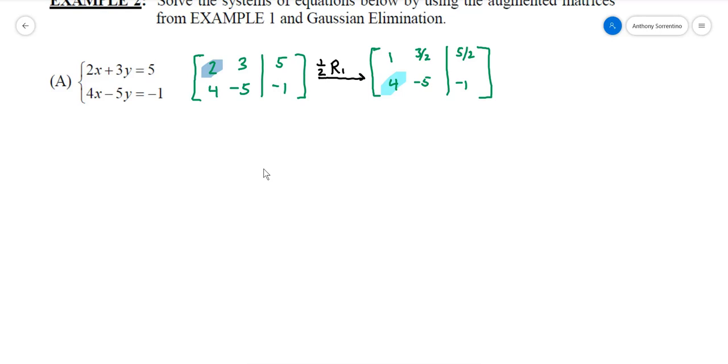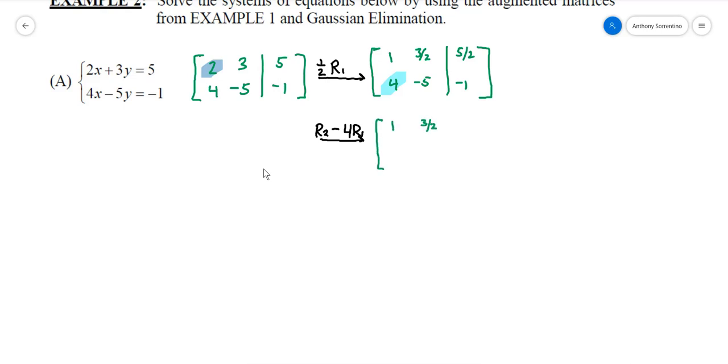So when I do my row operation, row 2, I'm going to subtract 4 times row 1. Now we said add 2 rows together or add a multiple. Remember, subtracting 4 times row 1 is like adding -4 times row 1. And so when I do that, row 1 is going to be left alone.